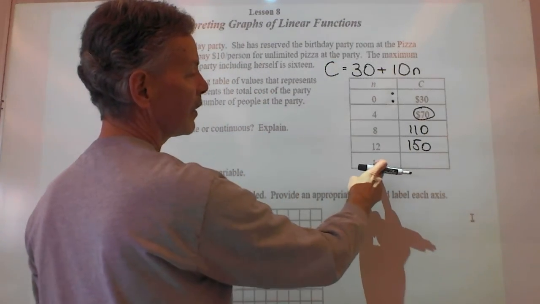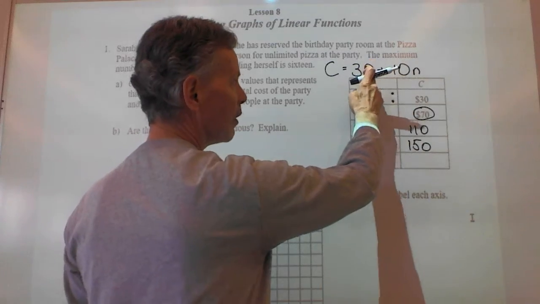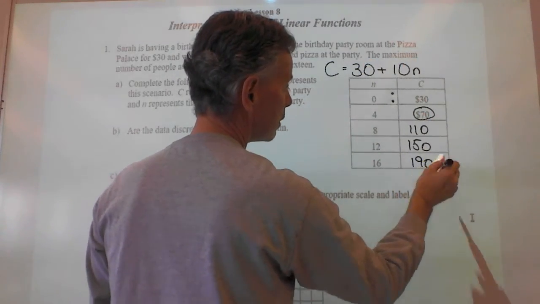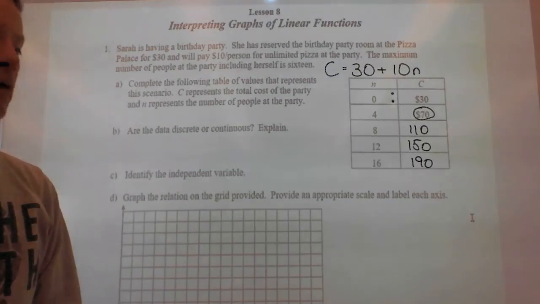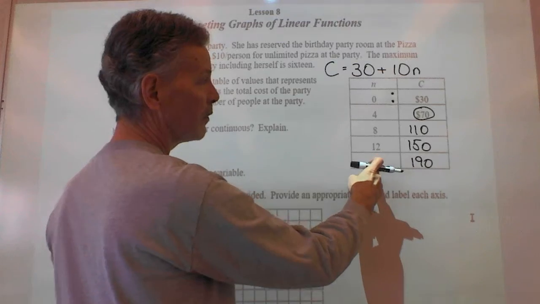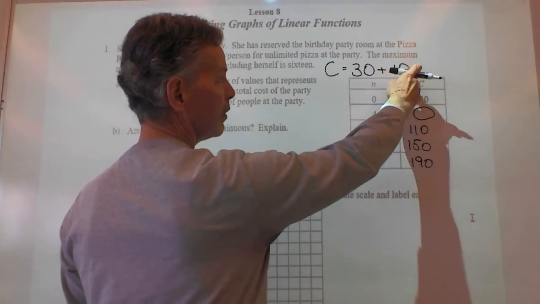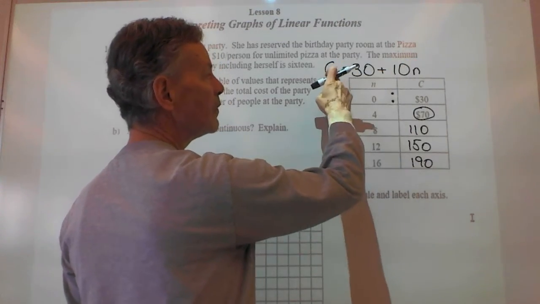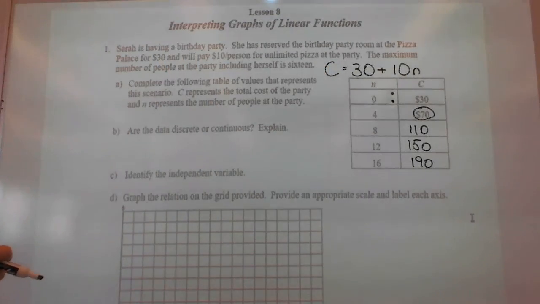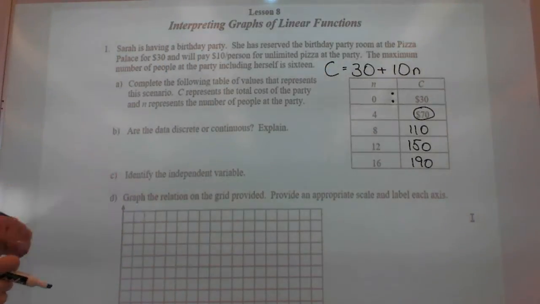And finally, for 16, it would be $30 plus $160, or $190. Okay? So, by substituting different values for n into your equation, you can find the value of C, the total cost. Okay? So, let's just run through this.